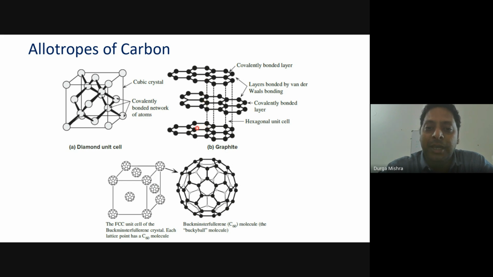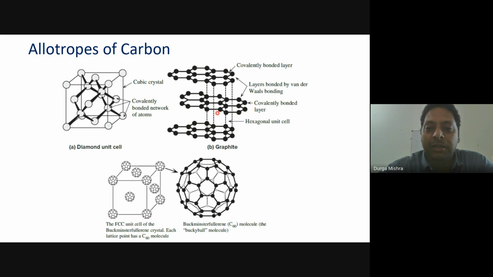You have sp2 hybridization along this hexagonal plane, which leads to a hexagonal arrangement. This will be your A and B axis. Along the C axis, you have very weakly bonded carbon atoms, with just van der Waals bonding.